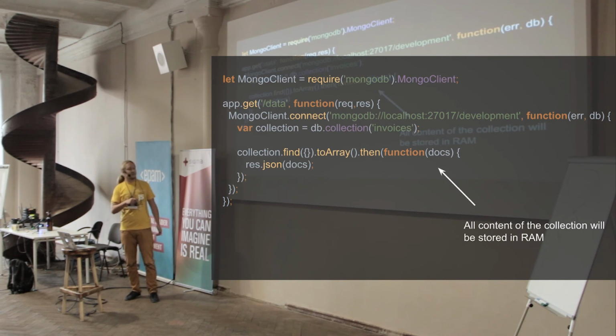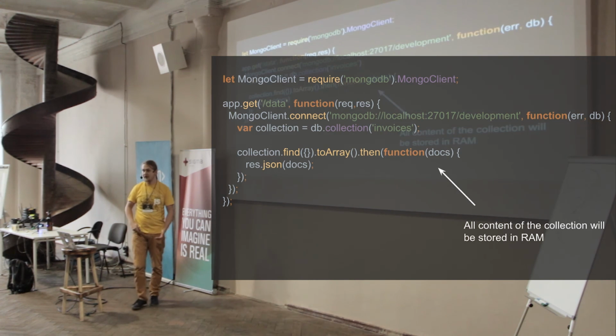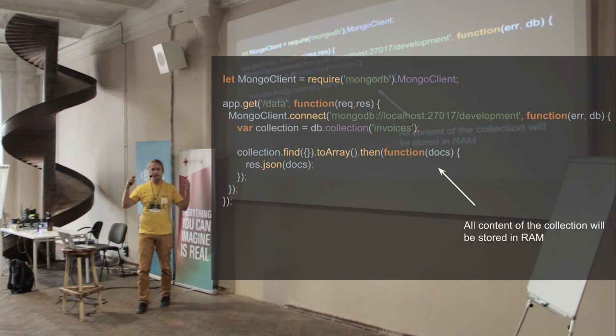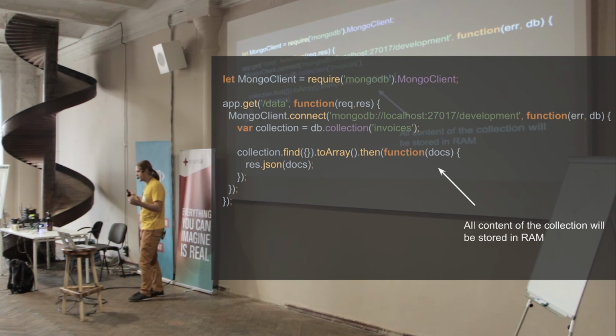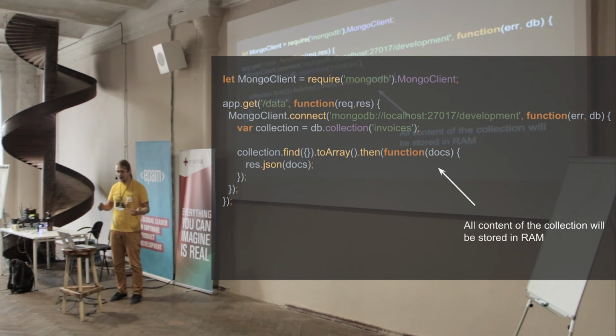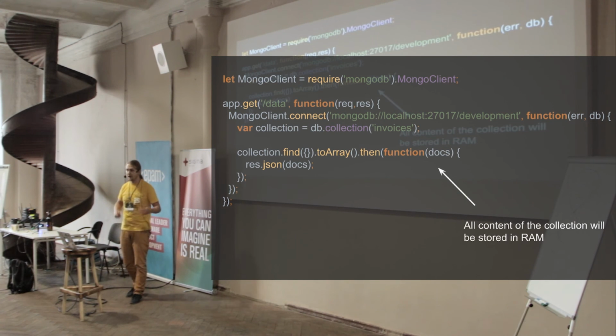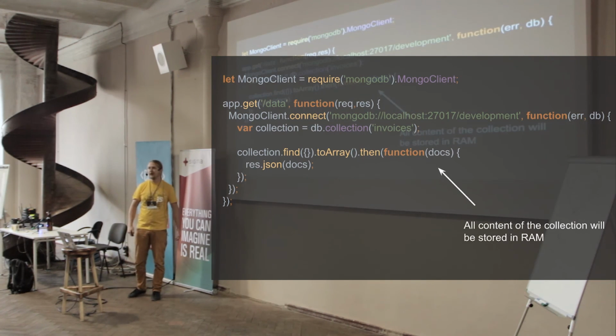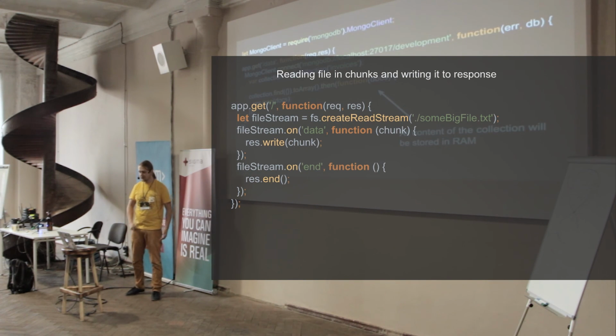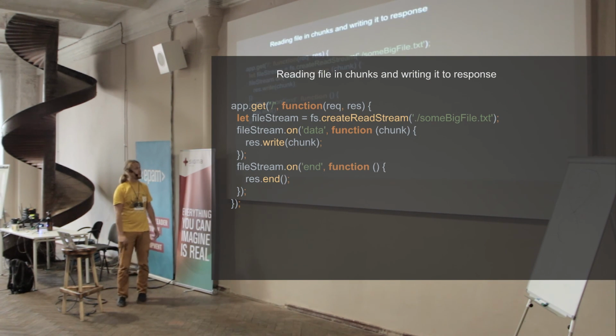So in this case, we also start sending our data right after we retrieve all the data from the database. It's also slow, and it can also take a lot of memory if you have a big collection of data. Getting all the data into your RAM is quite expensive. Node has something better for that.